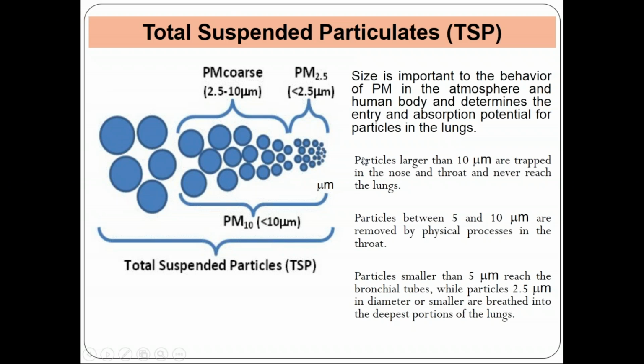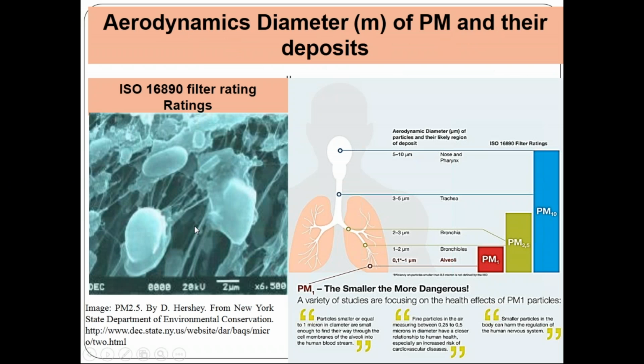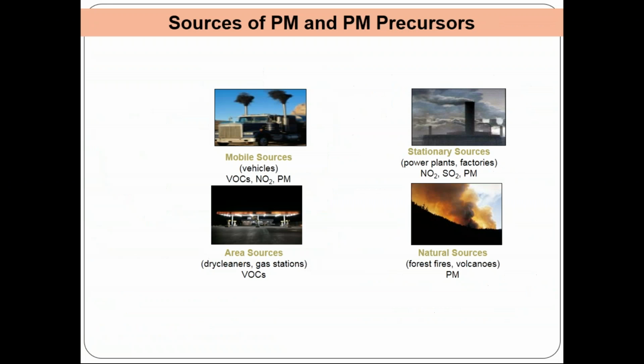Particles smaller than 5 micrometers reach the bronchial tubes, and particles of 2.5 micrometers in diameter or smaller are breathed into the deepest portion of the lung. PM1 can reach deep into the lungs, which means it cannot be breathed out. So PM1 is more dangerous.